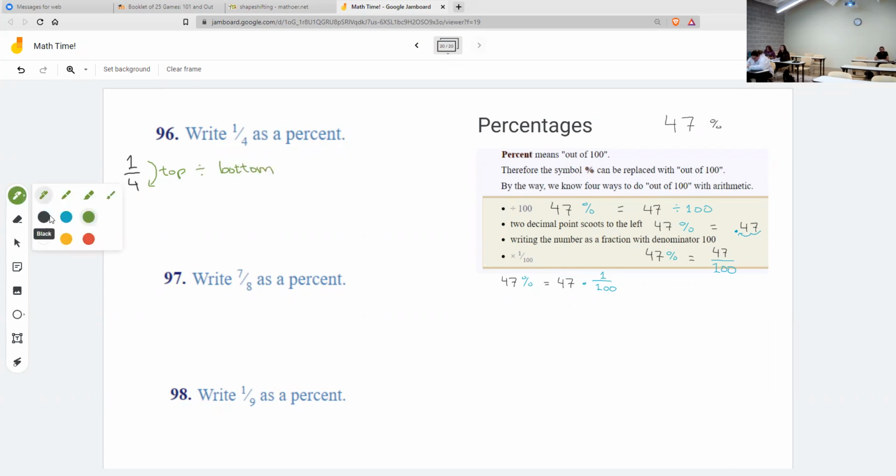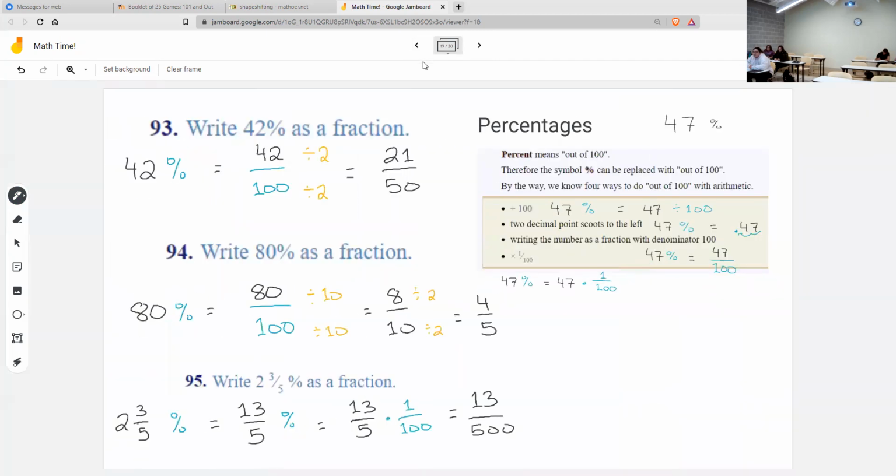One divided by 4, and I would get 0.25. And then I'm going to use my ripple up, going right into percent. And I get 25%.